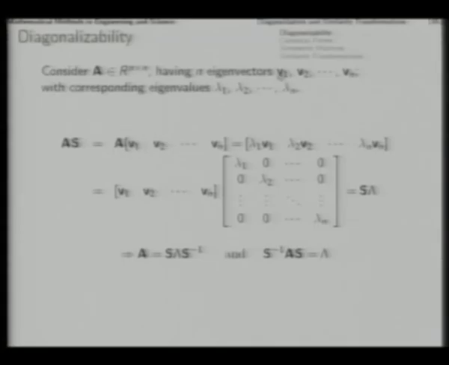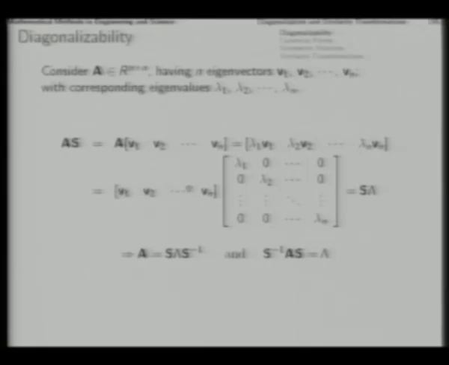Since V1 is an eigenvector with eigenvalue lambda 1, so A V1 is lambda 1 V1. Similarly, the second column of the product will be A V2, which is lambda 2 V2, and so on till this.